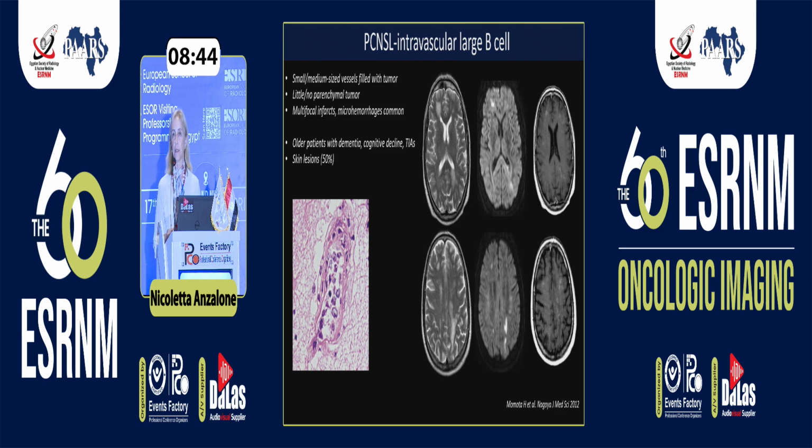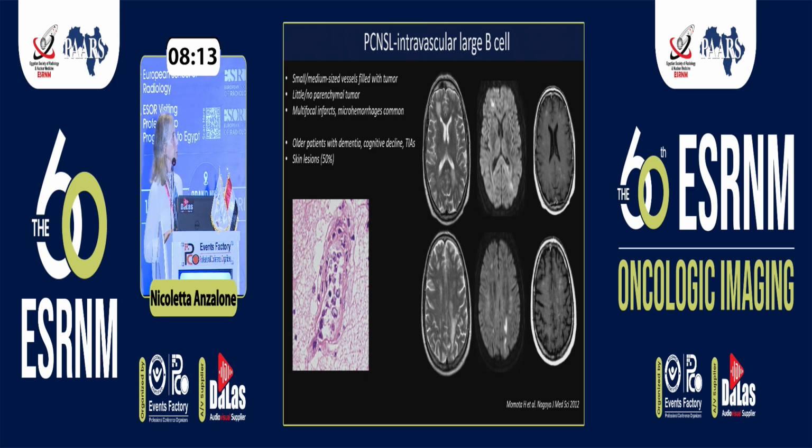And this has to be differentiated from this other entity that is included in the classification, that is the intravascular large B-cell lymphoma. It means that here there are tiny cells of lymphoma, B cells, that are inside tiny vessels. This brings to the fact that you may have vascular lesions also, as you may appreciate here in the restricted diffusion, due to the occlusion of the vessels.